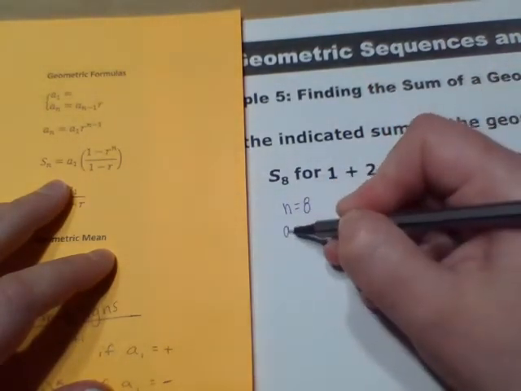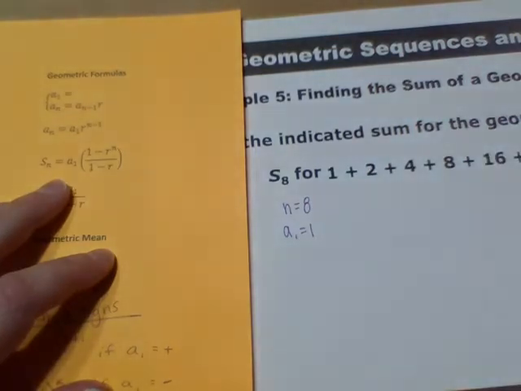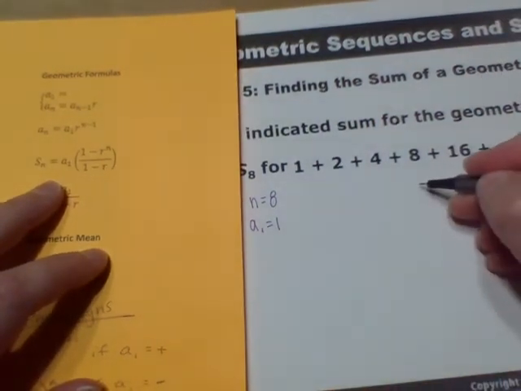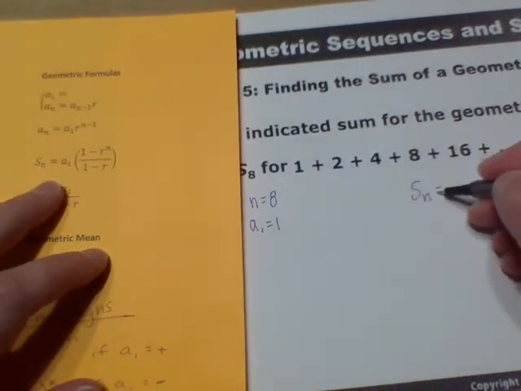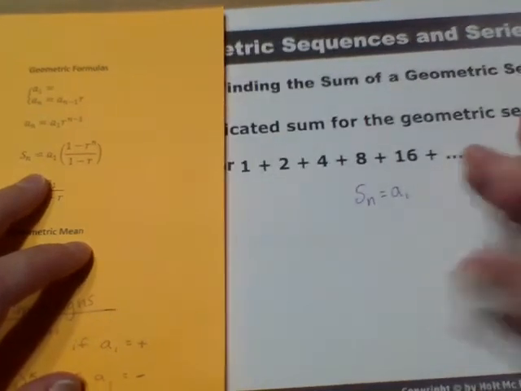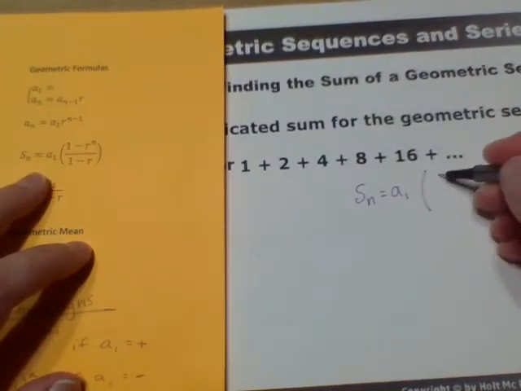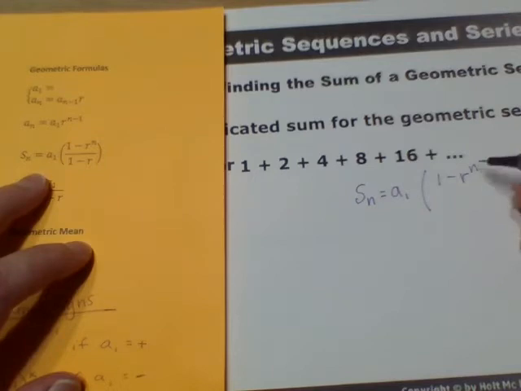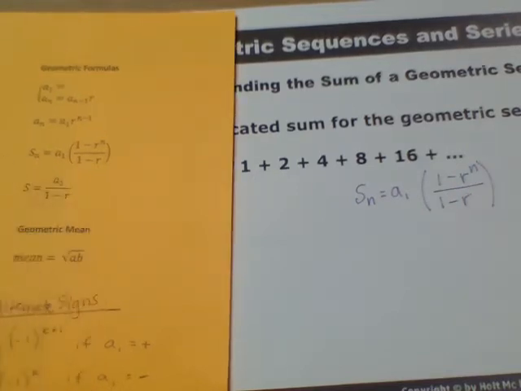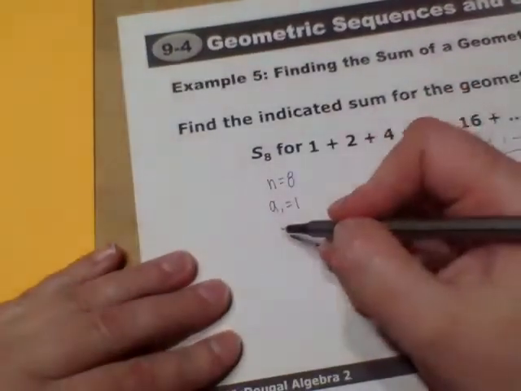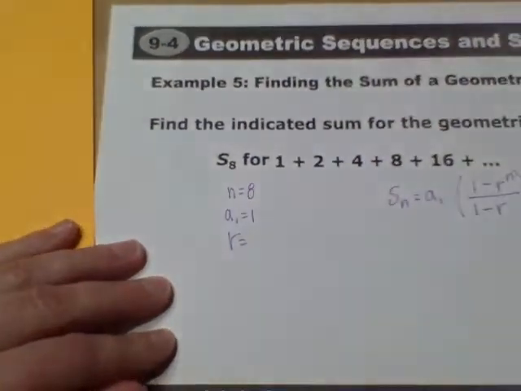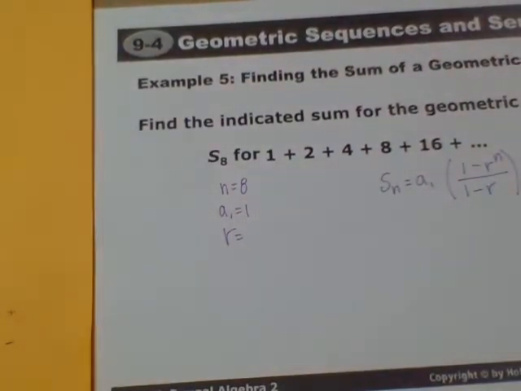We also know that our first term is 1. And then the formula that we're trying to fill in says that we take that first number and multiply by the fraction of 1 minus r to the n over 1 minus r. And so we do actually need the r value here in order to figure out what our sum is going to be.